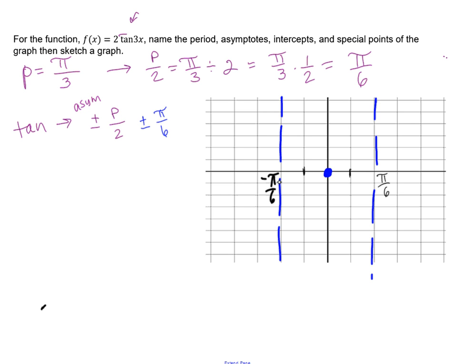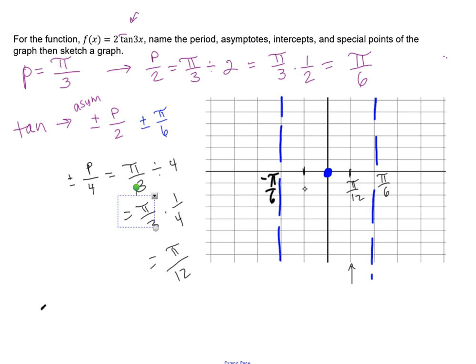Well, it's going to be half in between those guys right there. So this is where p over 4 comes into play. You still need to know this first number to count by, so you would still do period divided by 4. That's pi over 3 times 1 over 4, or pi 12ths. So this will be positive pi 12ths and negative pi 12ths.